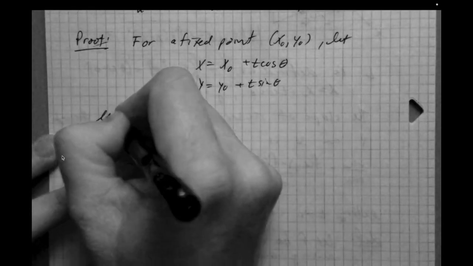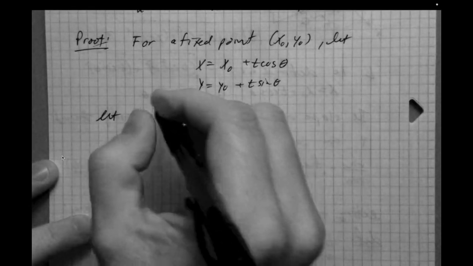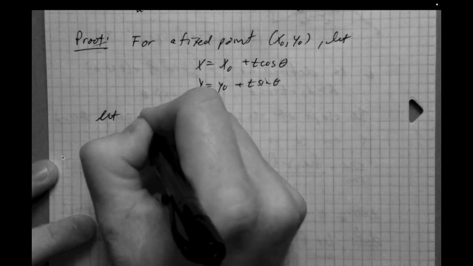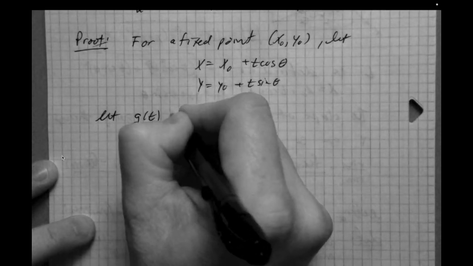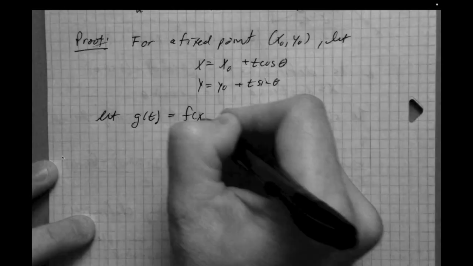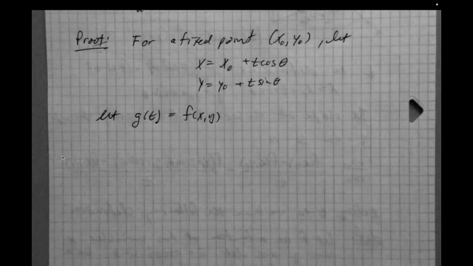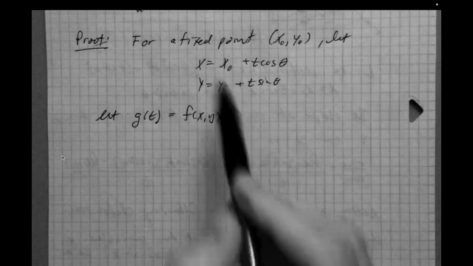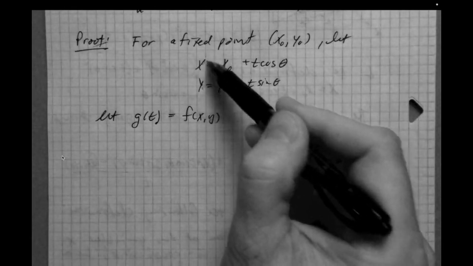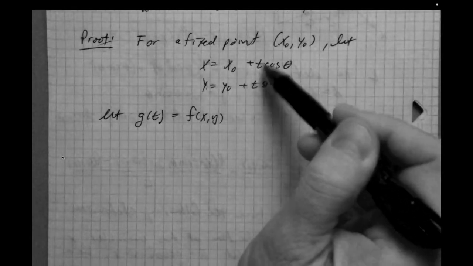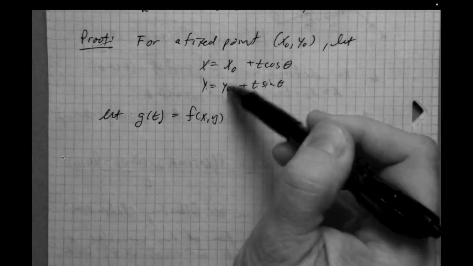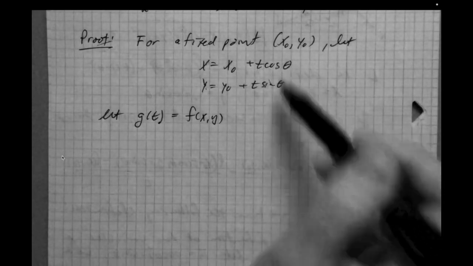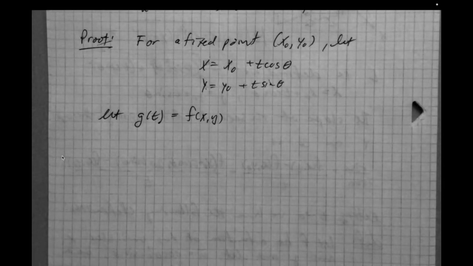We're going to let g of t equal f of x, y. So g is going to be a function of these two, which are a function of t. Remember, x naught, y naught is a fixed point, and so t is the variable here.